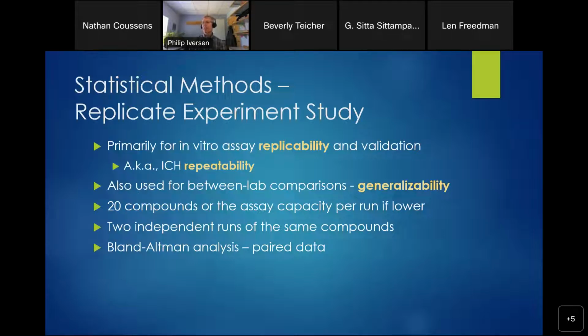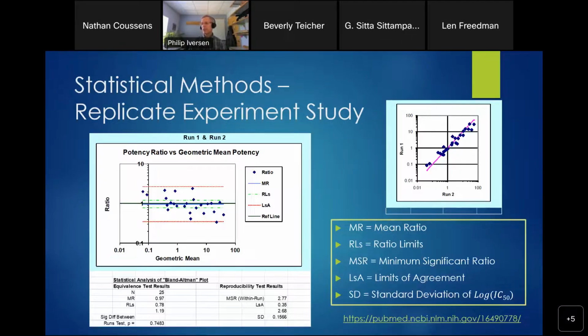It's paired data. We have something like an IC50 or a potency value or an efficacy value for each compound run twice in 2 different runs. So we have that paired data. The usual Bland-Altman analysis makes a plot of the differences of those paired data points on the vertical axis versus the mean of each pair of numbers on the horizontal axis.